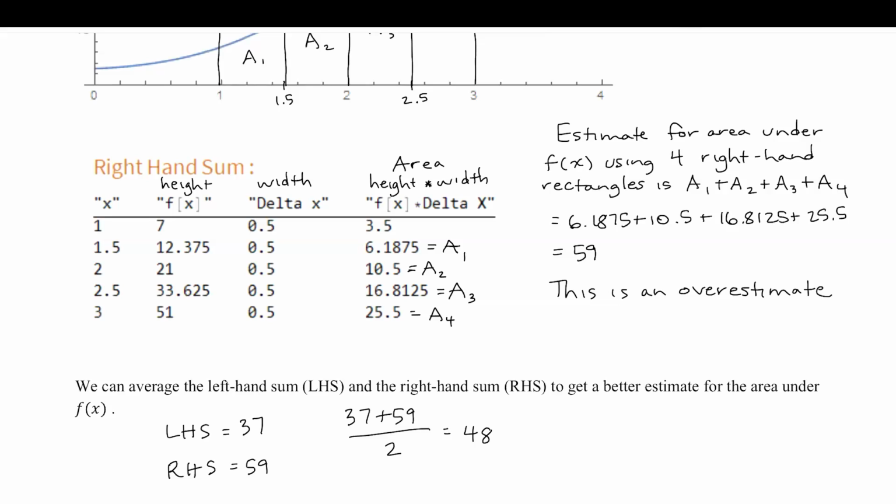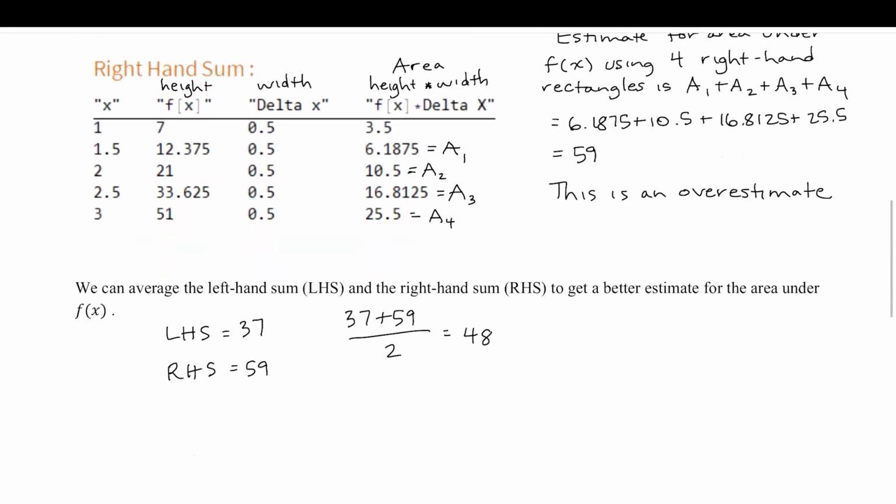Okay, so you might just think about what it is about the function that lets you know that the left-hand sum would be an underestimate and the right-hand sum an overestimate, right? And the fact is it has to do with the behavior. So since f of x is increasing, the height I get by using the left endpoint is going to be too low, and the height I get by using the right endpoint is going to be too high.